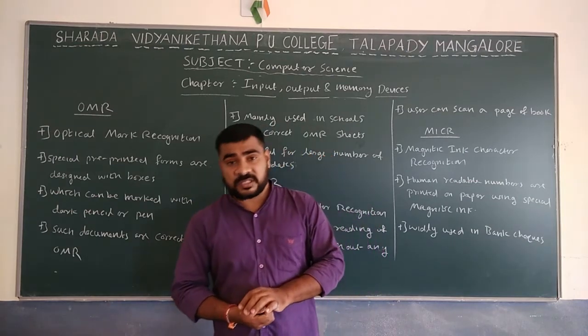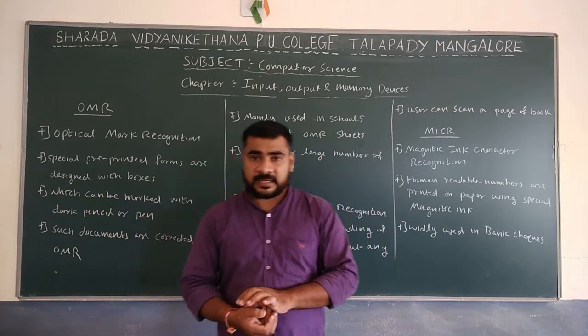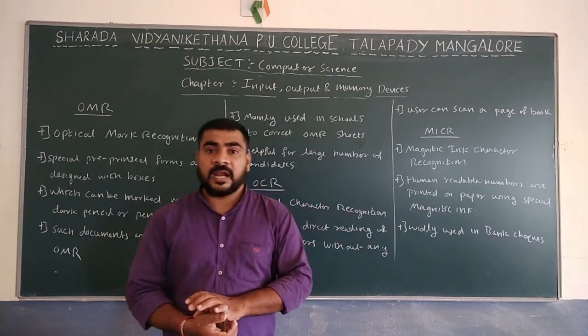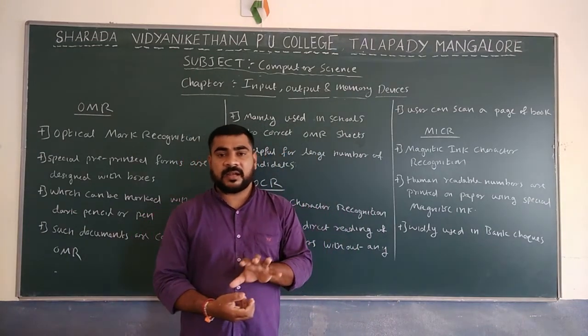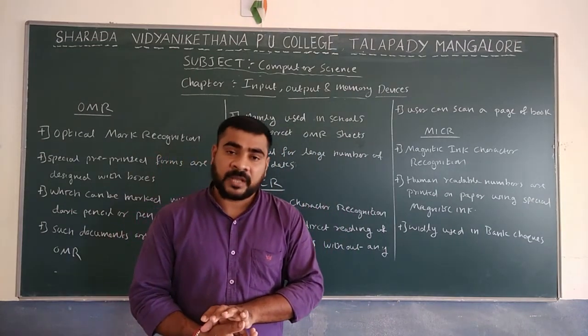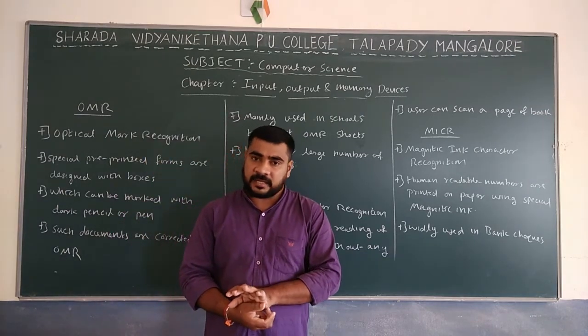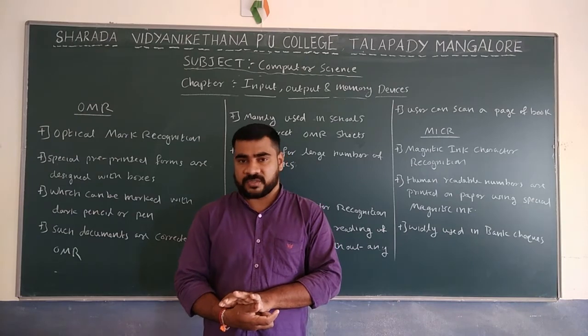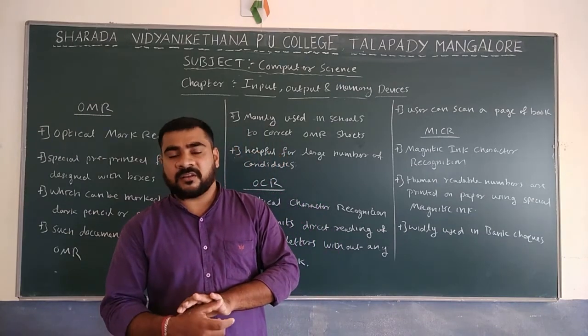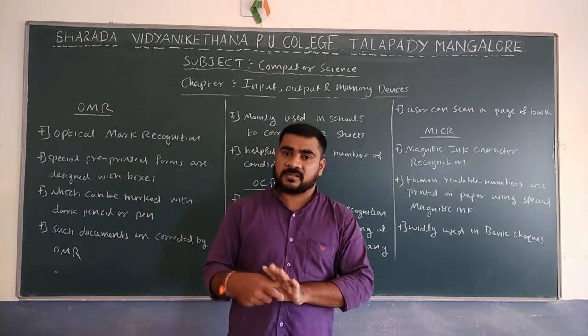The next one is OCR. OCR means optical character reader. Whenever data is printed on paper without using any special ink, those letters can be read by using the OCR. OCR is a device that mainly converts hard copy to soft copy.